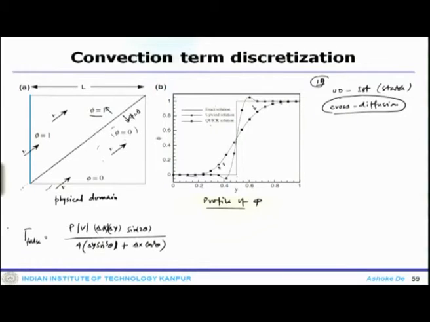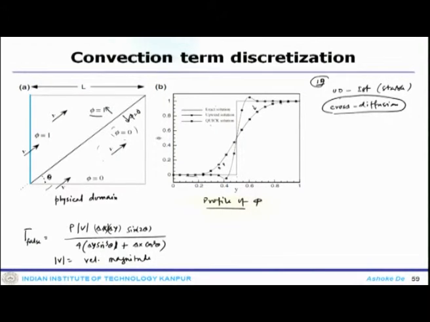So, one can have an estimate like that, where magnitude of v is the velocity magnitude and theta is the angle made by the velocity vector with the x coordinate. So, essentially this is the theta.